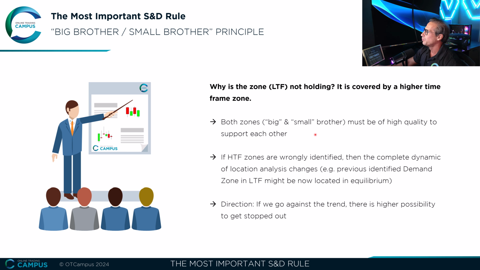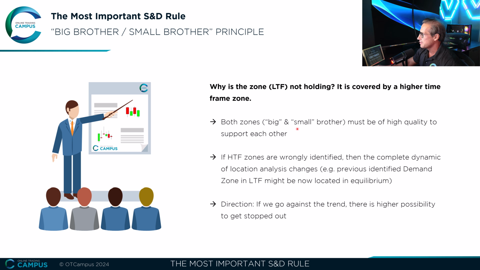And again, what does high quality mean? We need to really quantify everything we are doing. We have to put rules to everything we are doing. And we will talk about quality, so zone qualifiers, where we can quantify the quality of a zone, later on in this course.